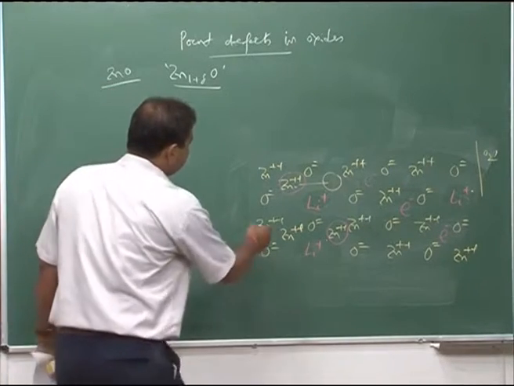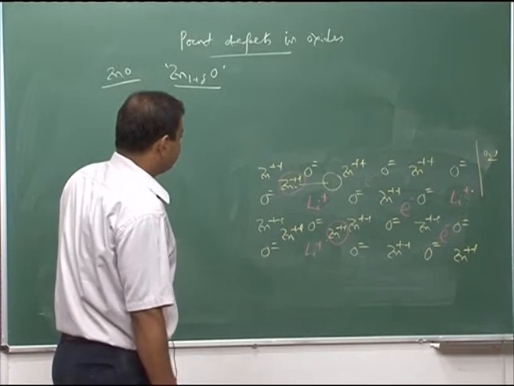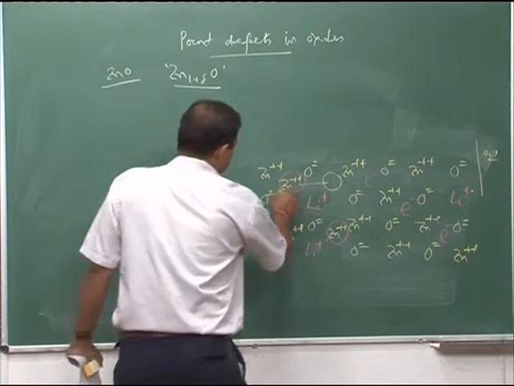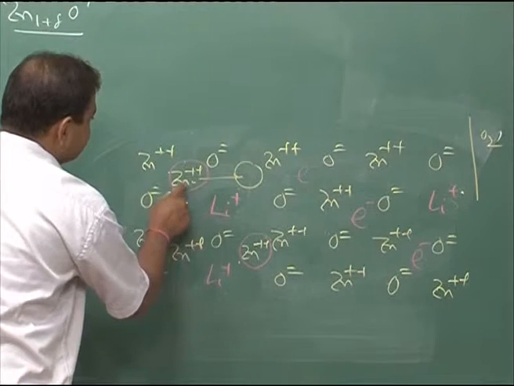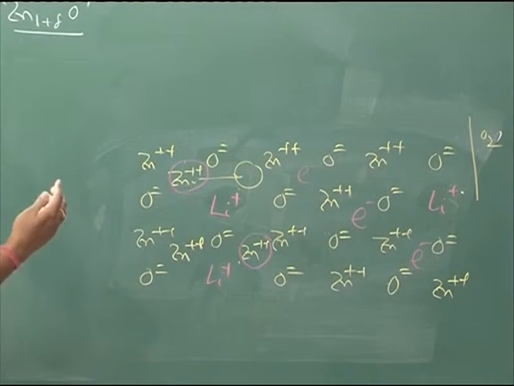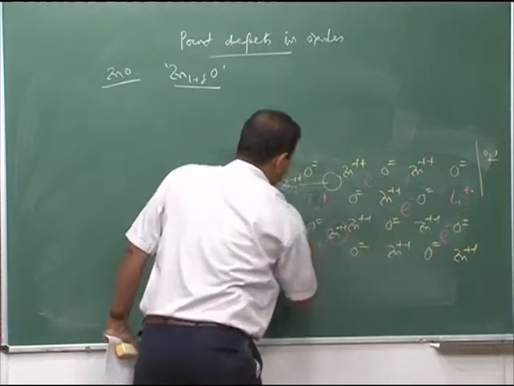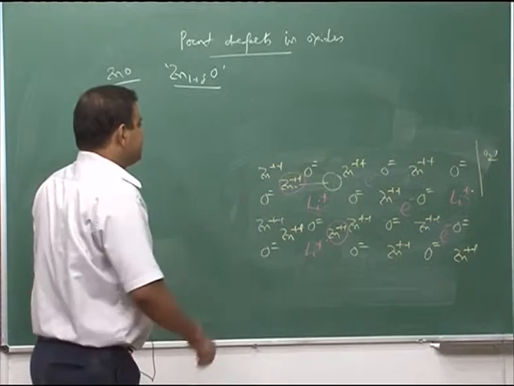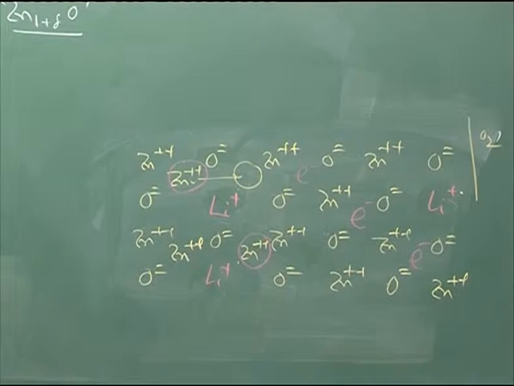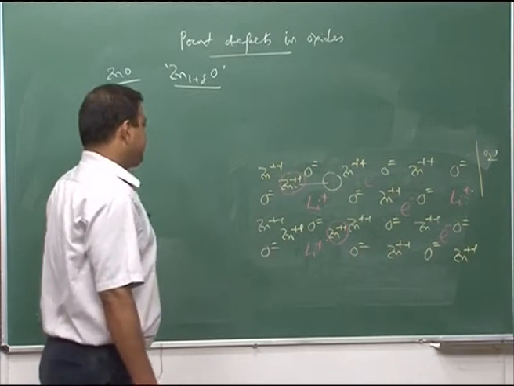In that case, we see that the number of cation interstitials is increasing. So, we have 5 cation interstitials, previously it was 4 cation interstitials, and 3 extra electrons.